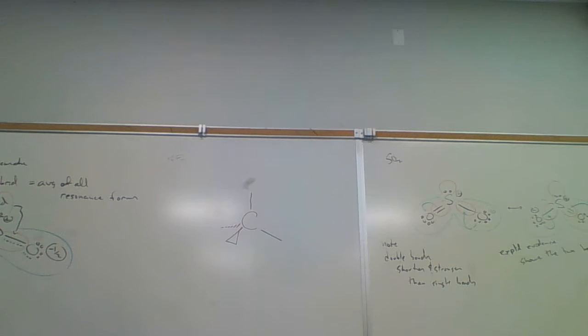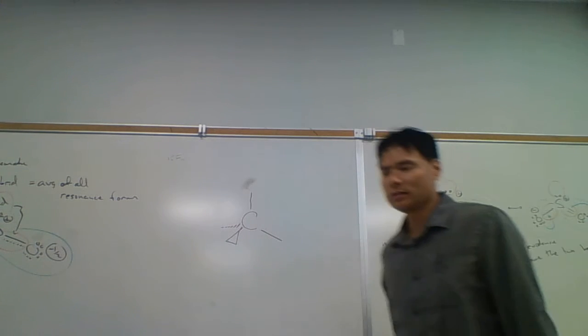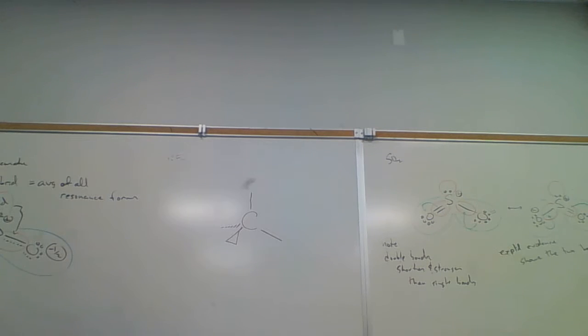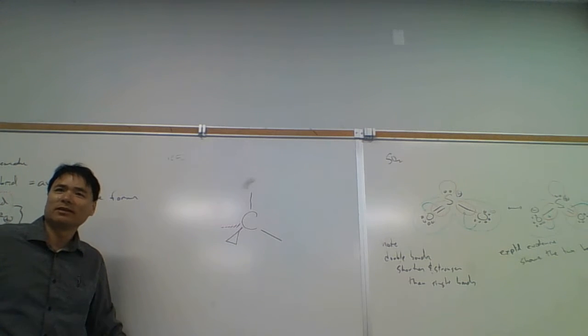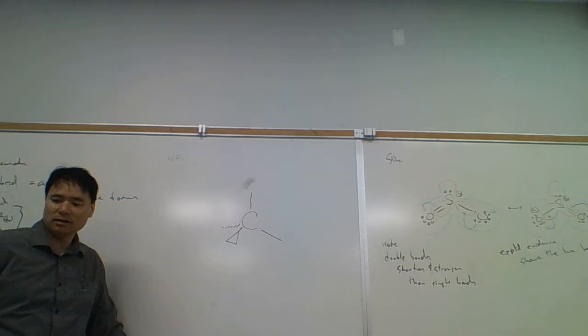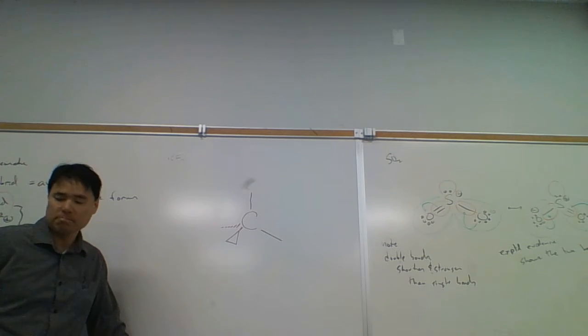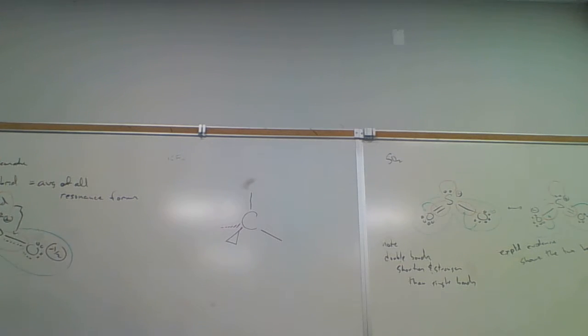So the dash is behind. Somebody has the tetrahedral, so I'll show it to you. Anyway, practice drawing this. Can you draw it just like this? If you could draw it just like this, then there won't be any problems.